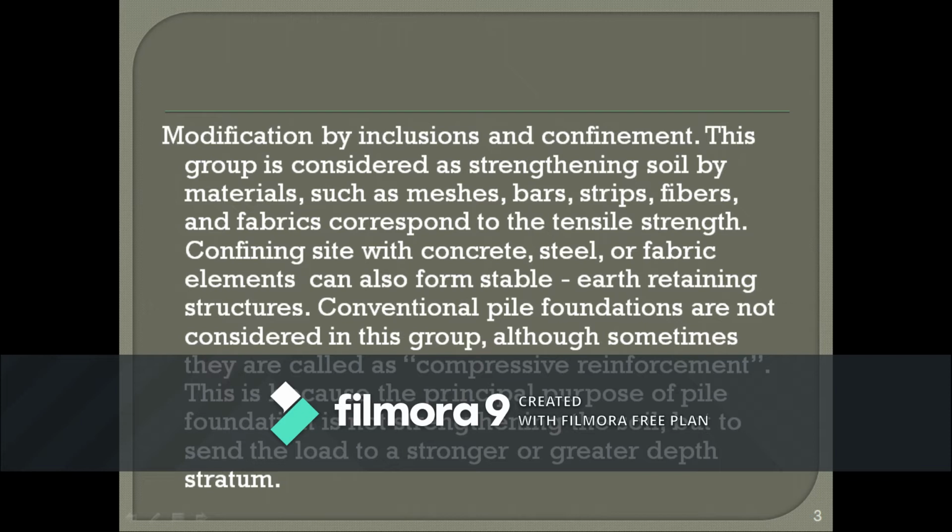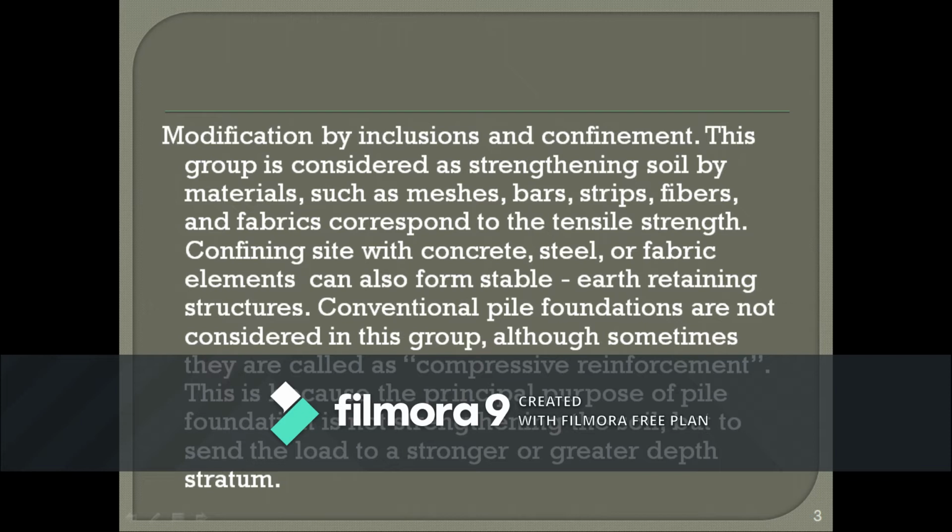So for that reason, pile foundation is not considered as inclusions and confinement, whereas usage of materials like strips or fabrics is considered as confinement and inclusions, because there we are using these elements to increase the strength of the soil.